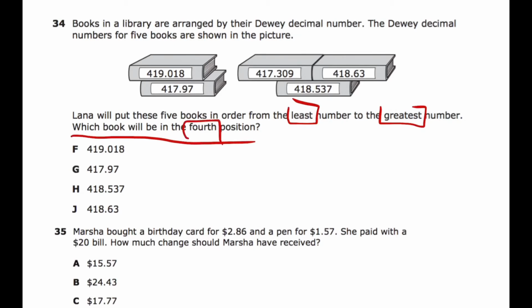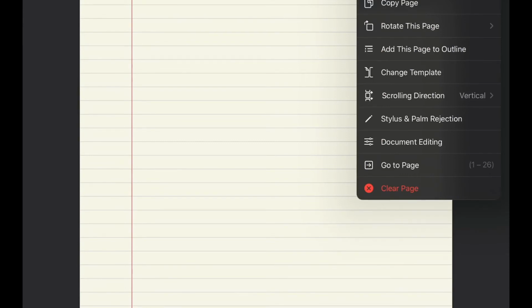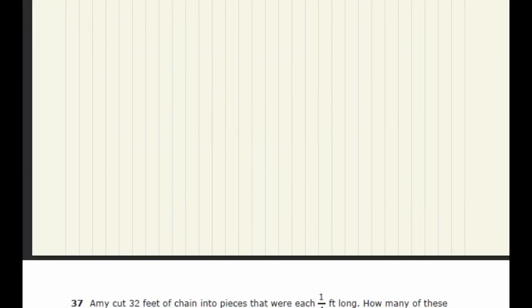The best thing to do here is use your sideways notebook paper. Let's see if it'll let me change this one. There we go, I have my sideways notebook paper. I'm going to choose one of these to be my decimal, and I'm just going to fill in all of my numbers.